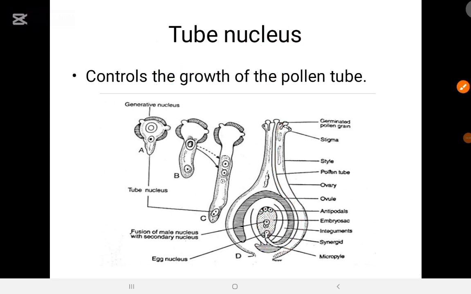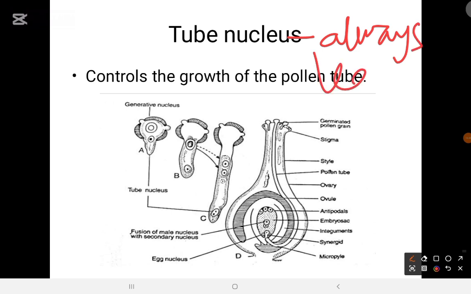Is that okay? So that's why the tube nucleus always leads the growth of the pollen tube. Don't forget that. And how does it lead it?